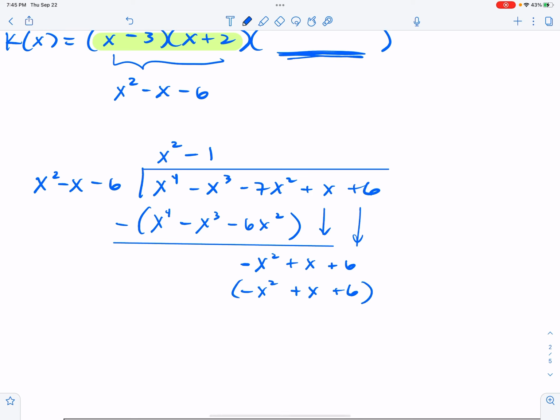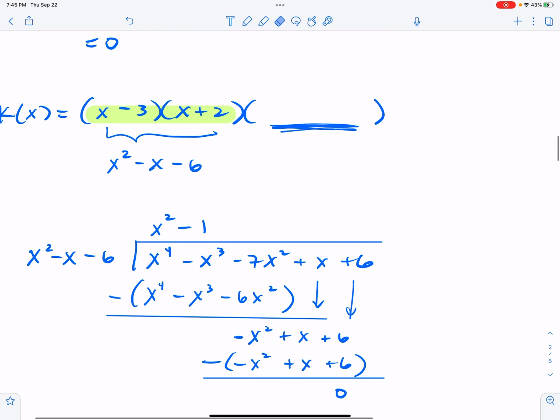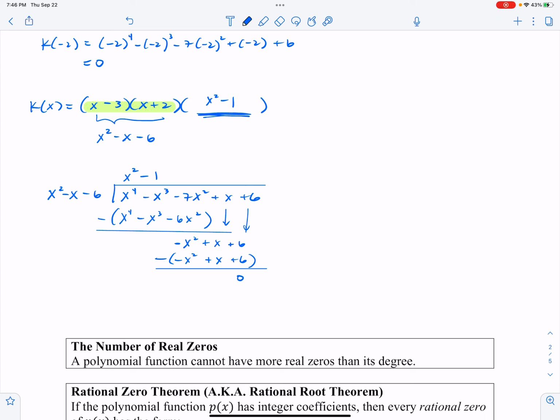Oh, well, that works out nicely. Our remainder is 0. So that means that x squared minus 1 is that remaining factor, which we were expecting. And we know what x squared minus 1 factors to, right?